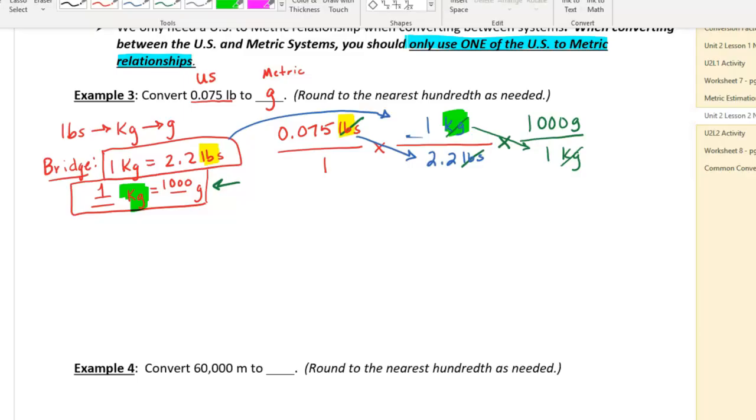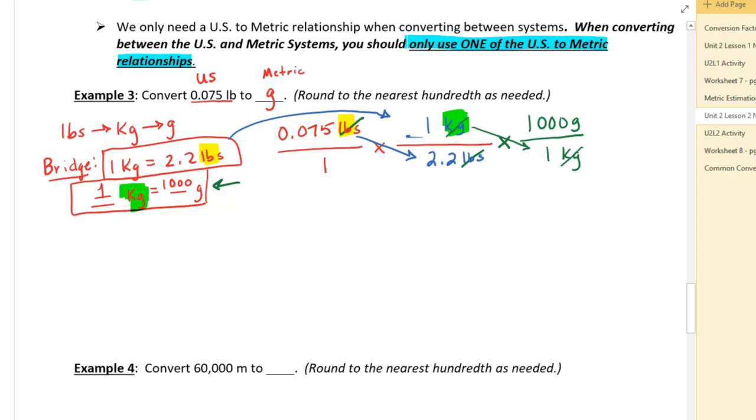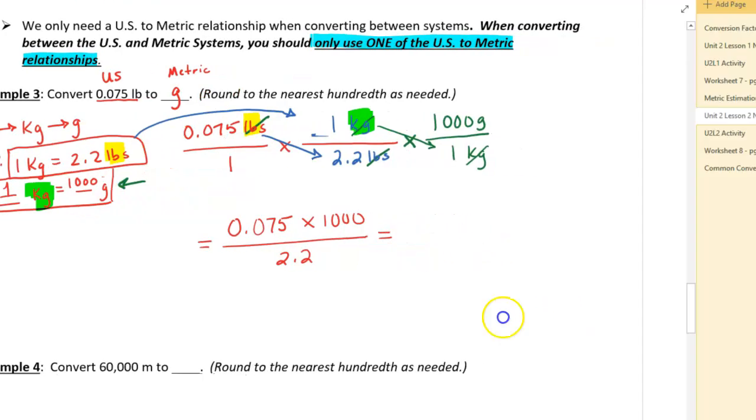All right, so now we're ready to do the math. So in the top, we have 0.075 times 1,000. On the bottom, we have 1 times 2.2 times 1, which is just going to be 2.2. All right, so 0.075 times 1,000 is going to move that decimal place 3 places to the right since we're multiplying.